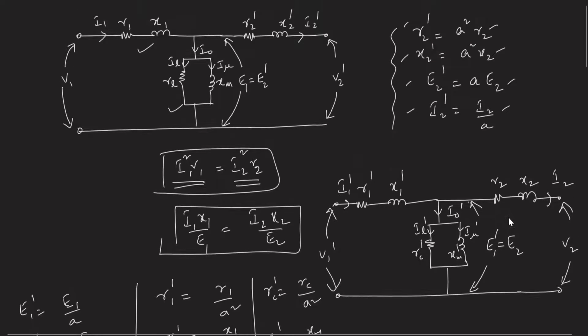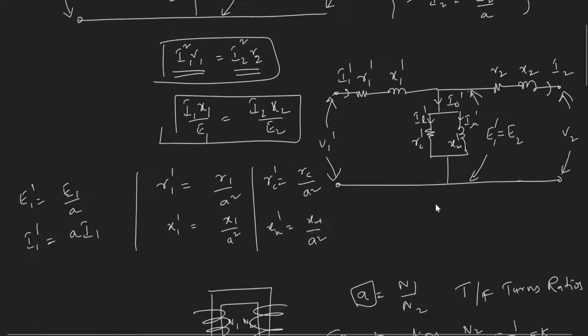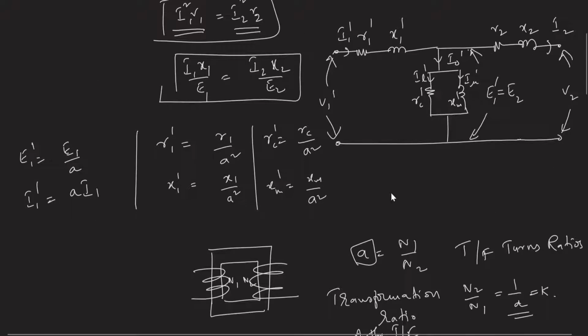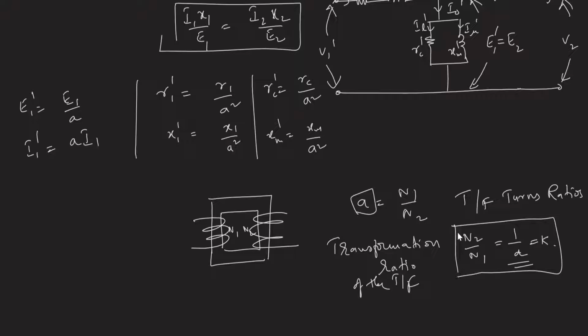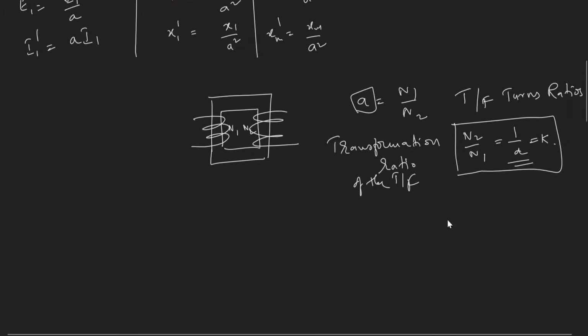So if I replace A by 1 by K, A square is equal to 1 by K square, so these equations will become in terms of transformation ratios, right? Okay, that's it. Only remember one thing: the transformation ratio and the turns ratio are just reciprocal to each other. Now let us proceed further.